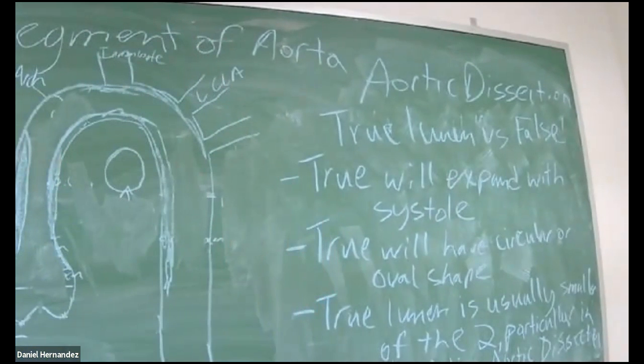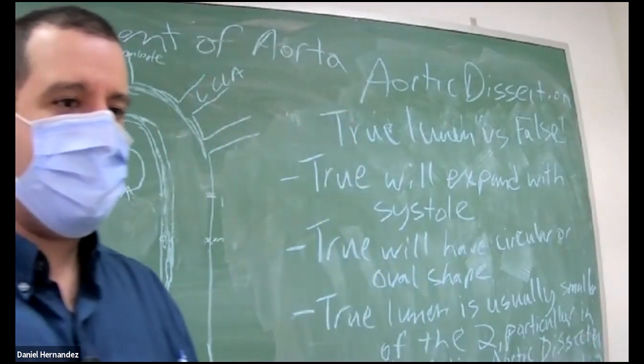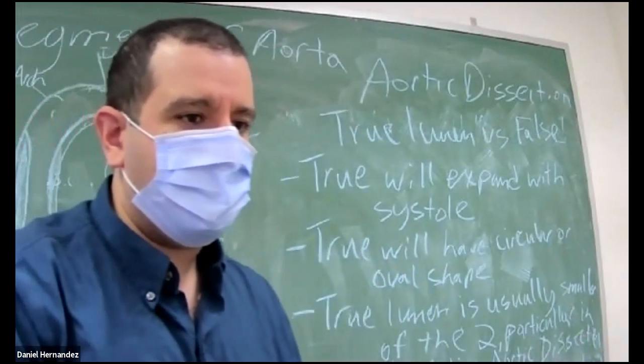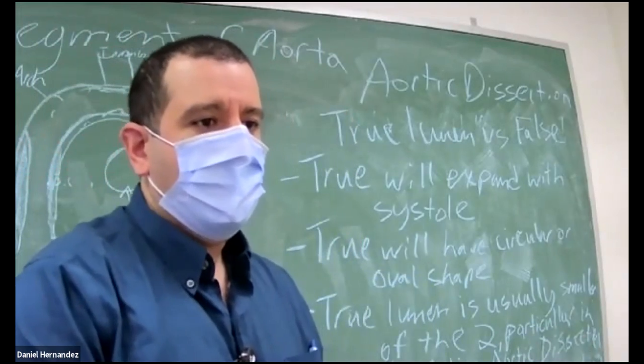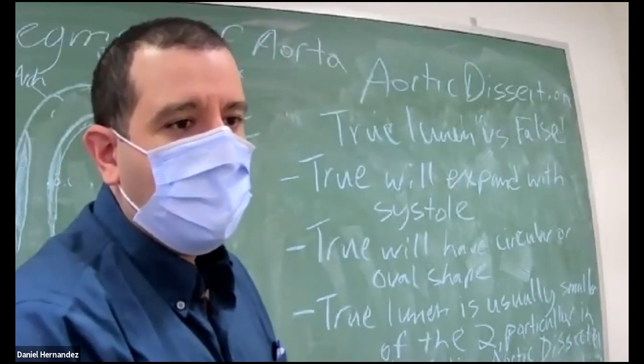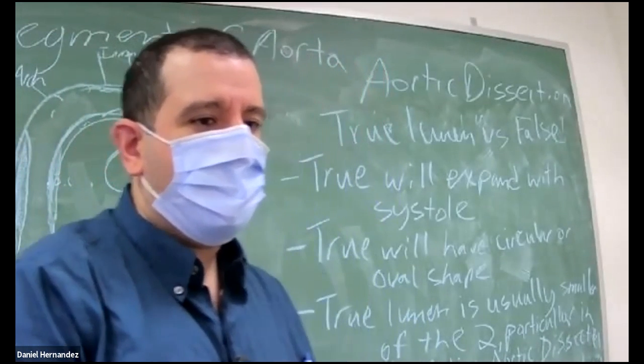So false lumen, false is typically filled with smoke. So we see our spontaneous echo contrast. So often the shearing of the intimal flap results in small fibrinous tags of tissue seen in the false lumen.